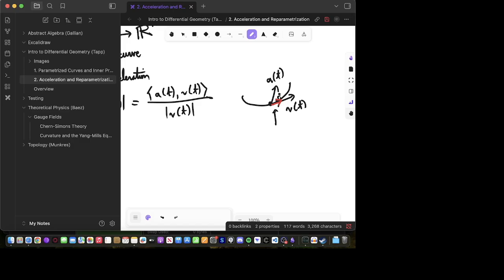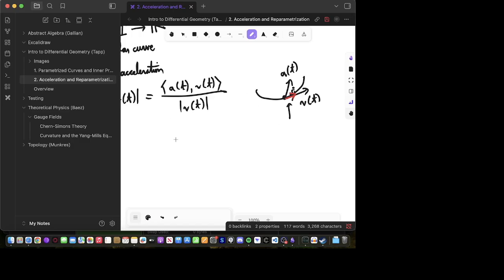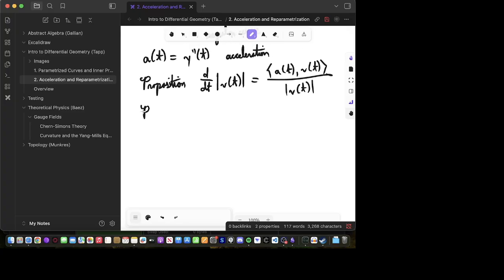So let's prove it. The proof should just be a fairly straightforward computation. We take the derivative. The norm is the square root of the inner product of v of t with itself. So what we can do is use the chain rule.